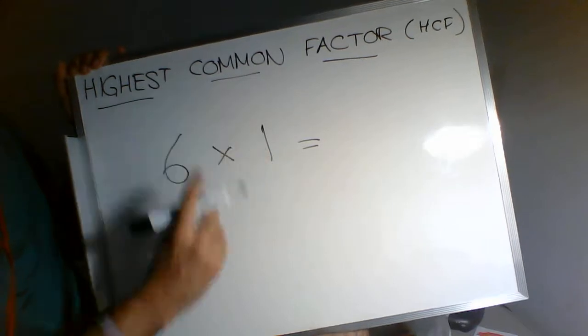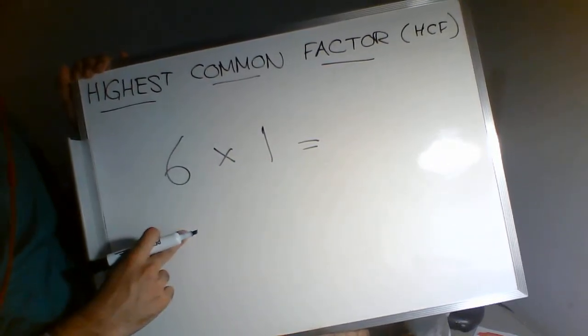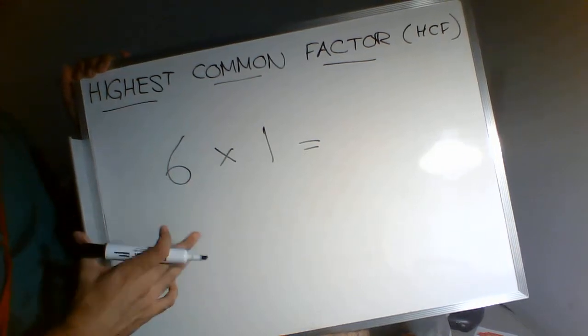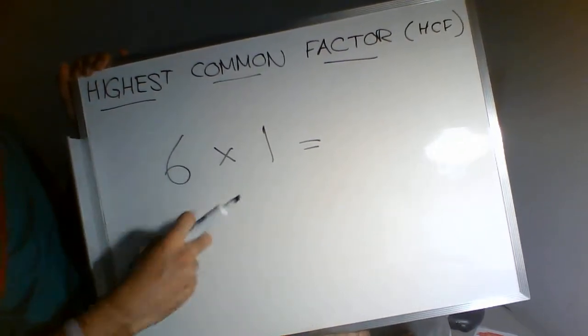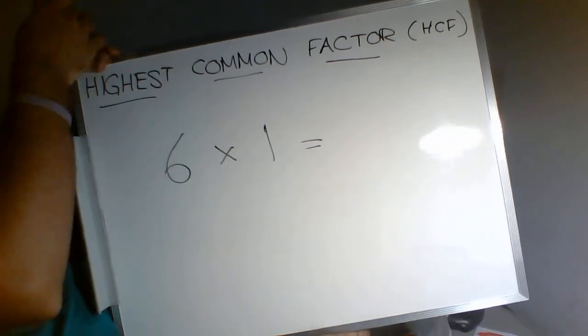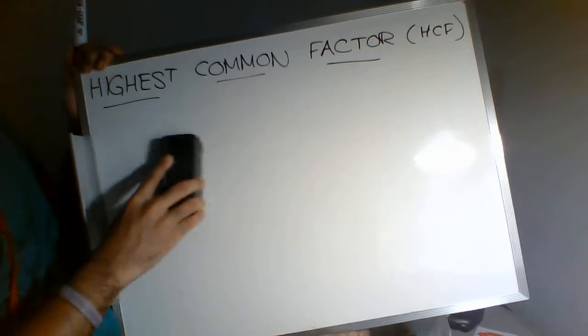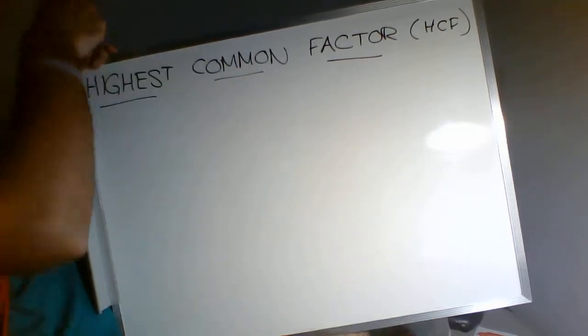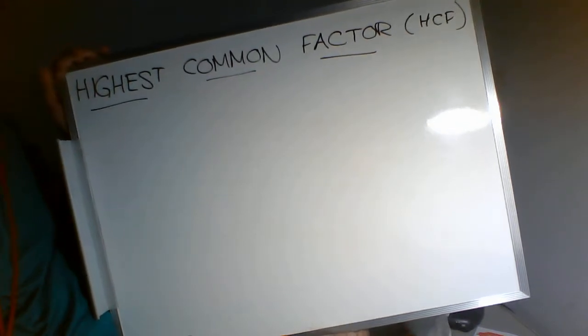If this was 6 times 1, my answer is not going to be anything smaller than 6. It has to be at least the size of your biggest factor in this equation. So when you're going through these highest common factor problems, remember your factors are always smaller than the numbers that you're dealing with.